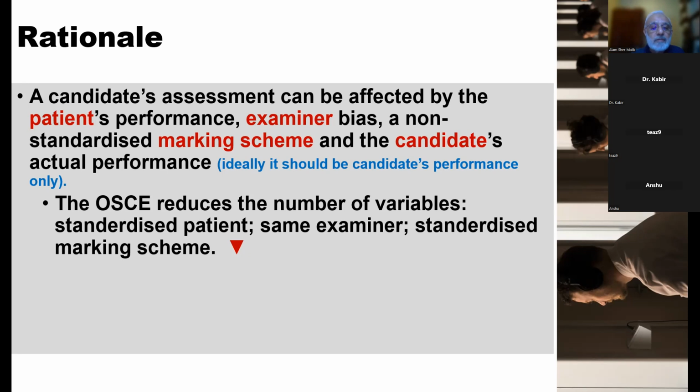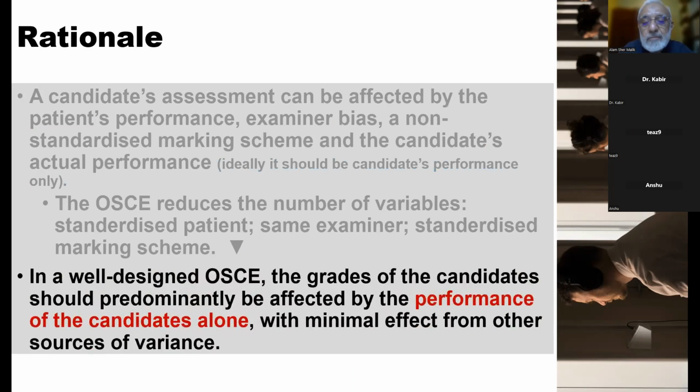OSCE reduces the number of variables because now there is a standardized patient, the same examiner, and a standardized marking scheme. I'm not saying that OSCE would eliminate these factors, but it would definitely reduce them. And that would mean that, to a great extent, in a well-designed OSCE the grades of candidates would be based on the performance of the students, because OSCE is trying to control the other three confounding factors.